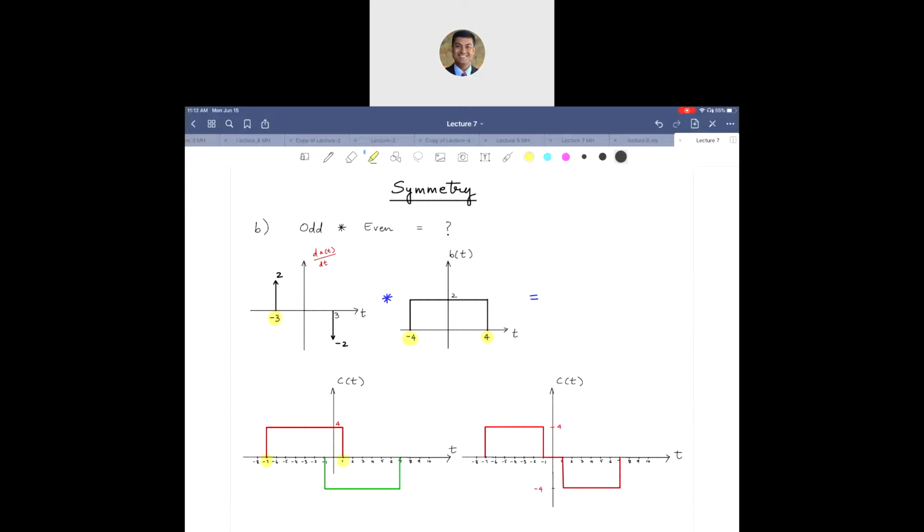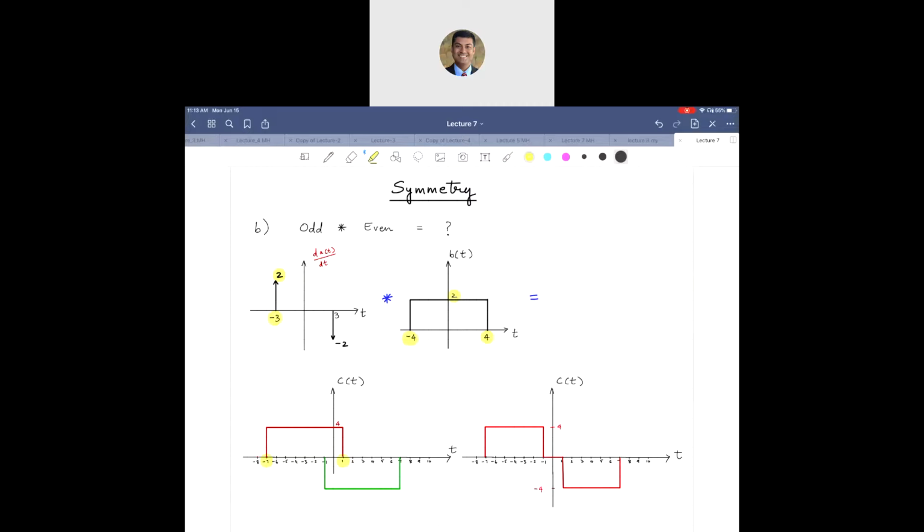And what will be the height of that rectangle? It will be 2 times 2, 4. I'm using the property of convolution with impulse over here. So the red rectangle in C of t is simply the convolution of the left impulse with b of t.